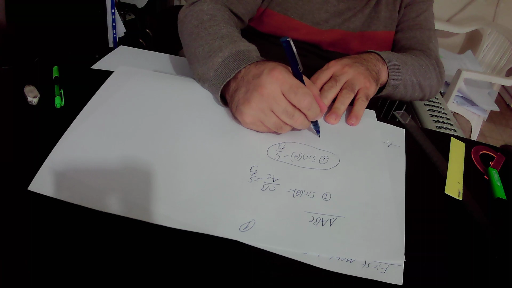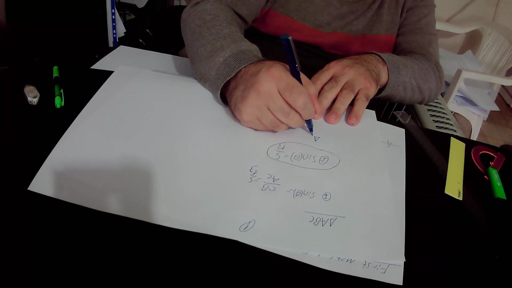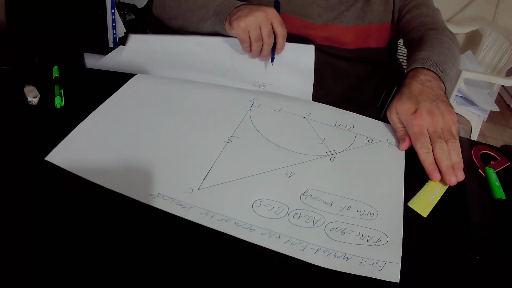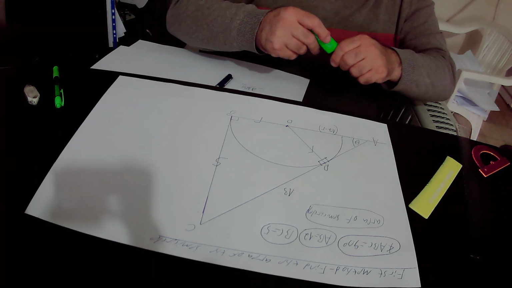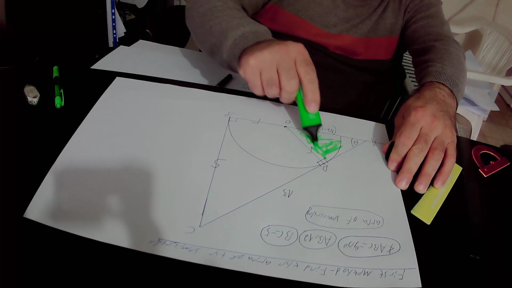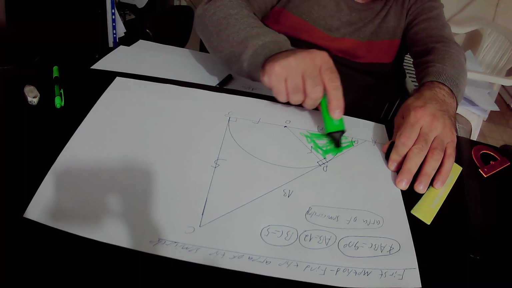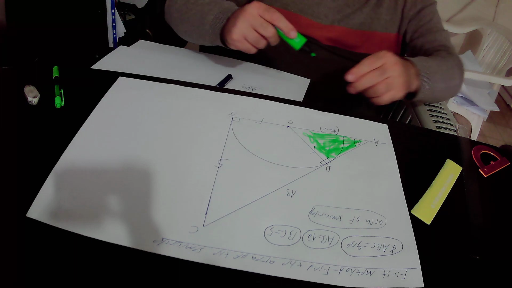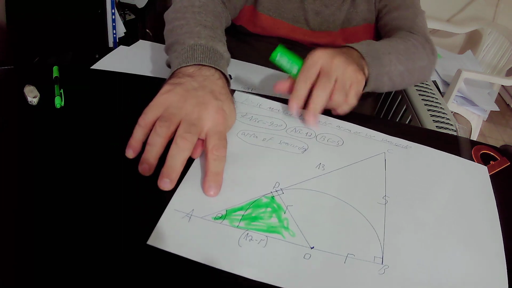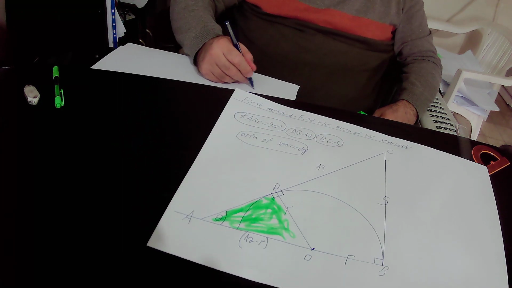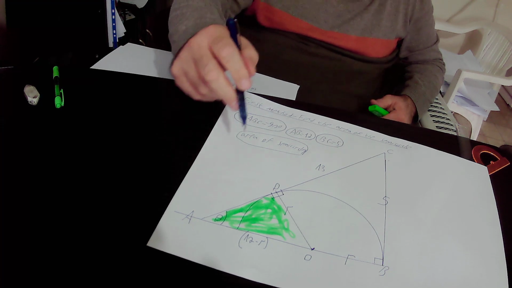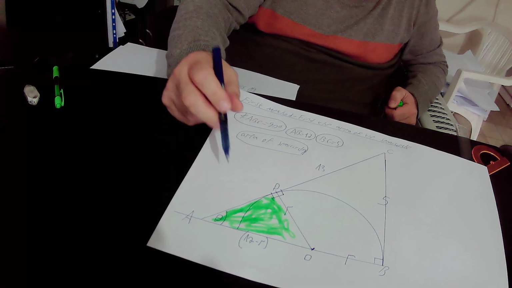In the next step we will focus on triangle ADO, the right green triangle. Here sine theta equals DO over AO.